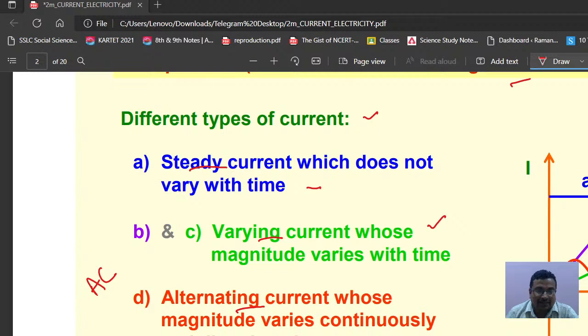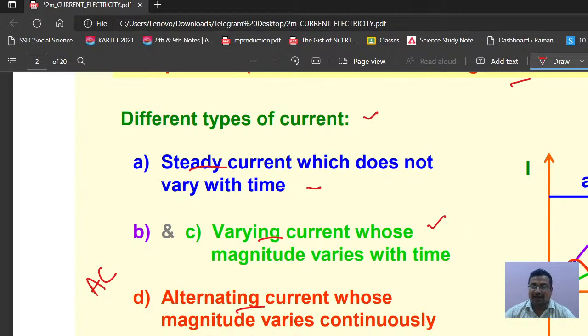That is called the alternating current. So the alternating current, whose magnitude varies continuously and the direction changes periodically.